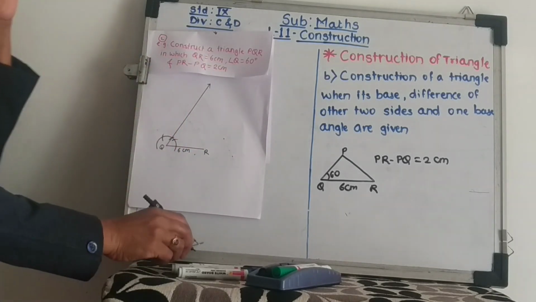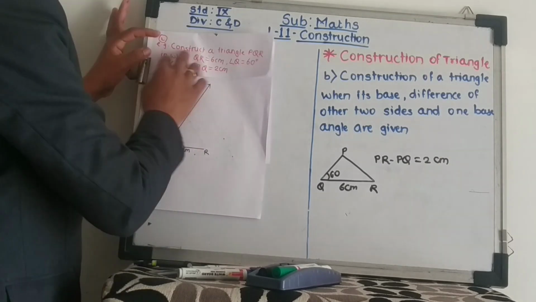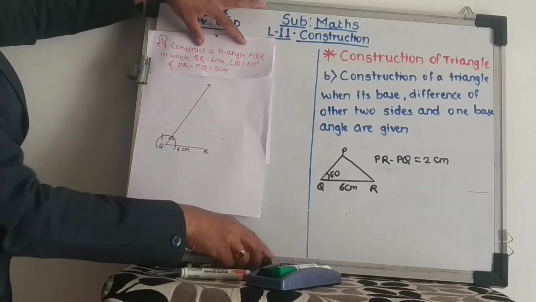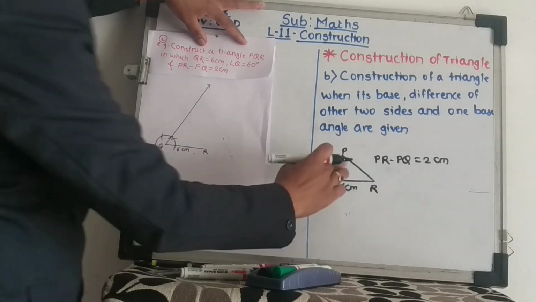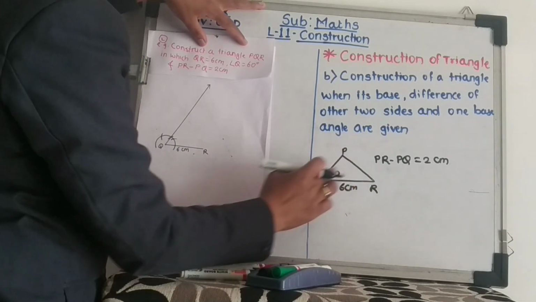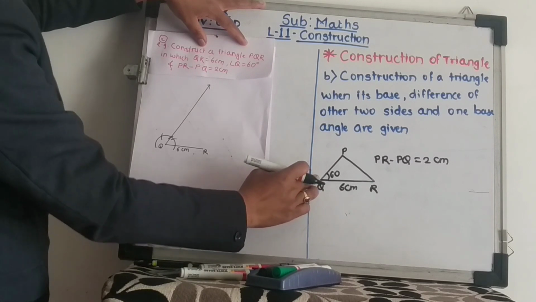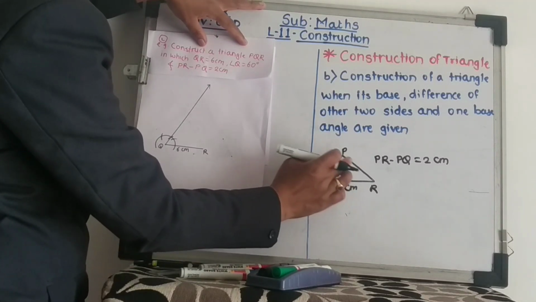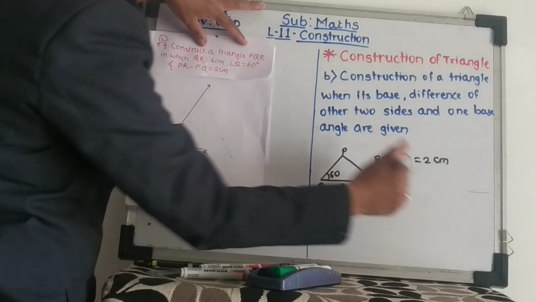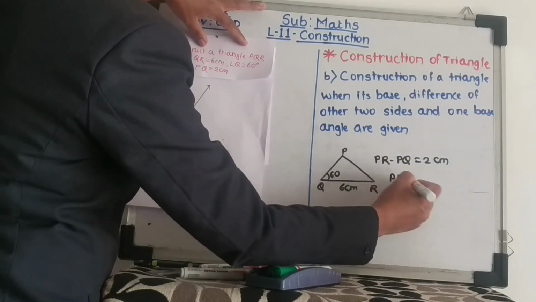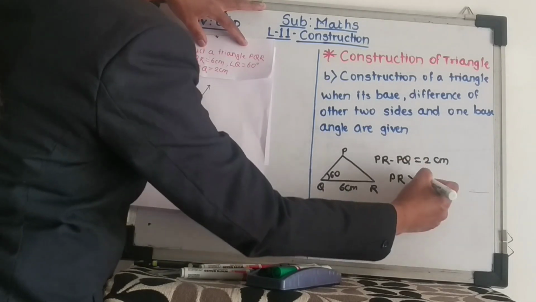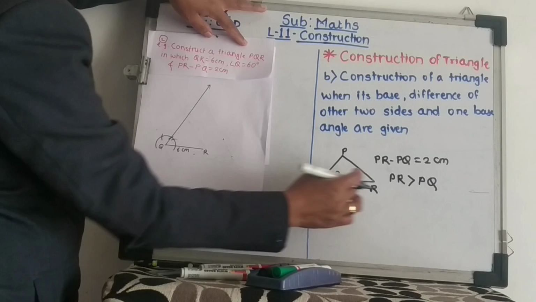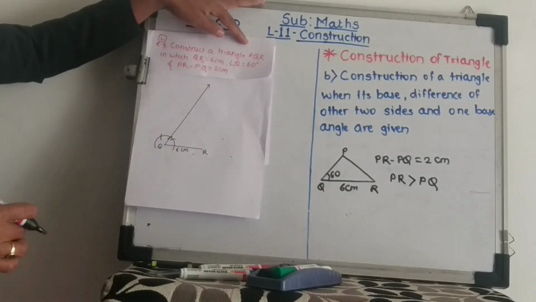Now pay attention carefully: in the question it is given PR minus PQ equals 2 centimeter. PR, the side opposite to angle Q, is greater. So PR is greater than PQ, and PQ is one of the arms of angle PQR, right?